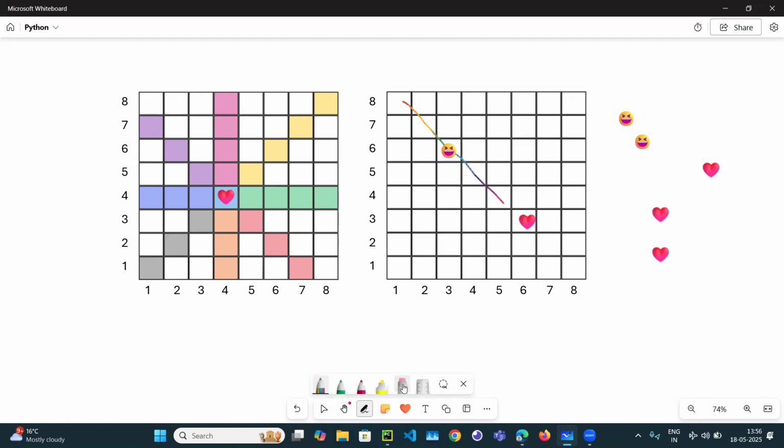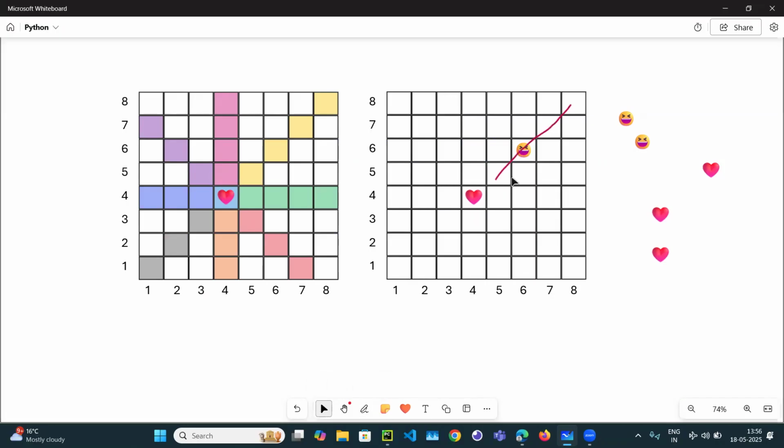Okay, now the top right. The queen is here, sorry, the obstacle is here. Earlier it was going 1, 2, 3, 4, but now it should be just 1.